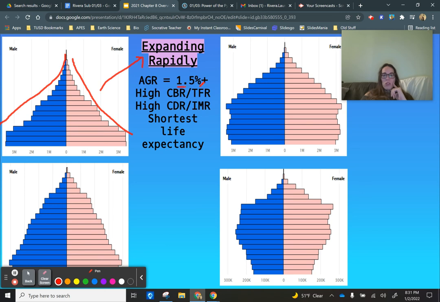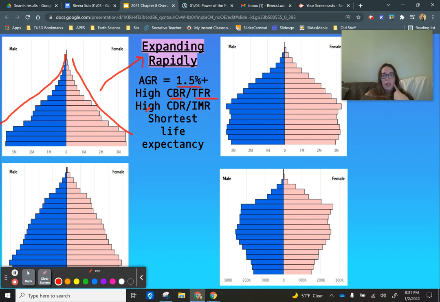This is when we would usually see populations that have a high growth rate, like usually 1.5 and higher. We're going to see this shape. That's because they have really high crude birth rates, lots of offspring, right? Lots of high fertility rate.